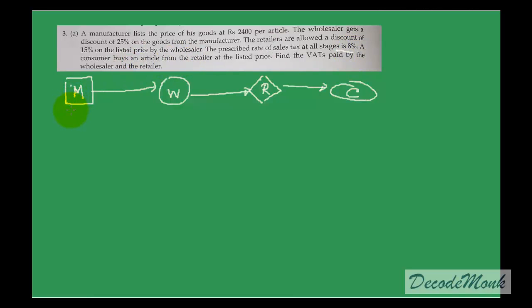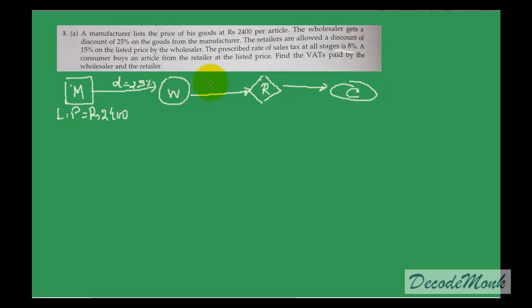First of all, the manufacturer lists the price of the article at rupees 2400. So listed price is rupees 2400. The manufacturer sells the article to the wholesaler at a discount of 25%.